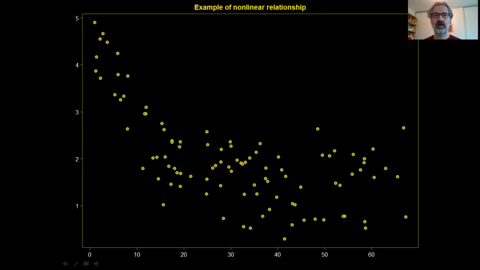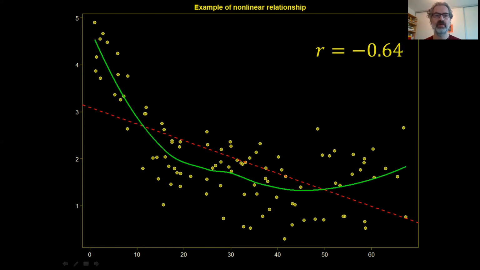So if we calculate R for this pair of variables, which is inappropriate, we would obtain a value of minus 0.64 because it's negative. But what this number is actually evaluating is the relationship along a straight line. This number indeed indicates the relationship along this line, but this is not a good approximation to the actual relationship between the two variables, which looks a bit more like that. So this is a case where we should not be using R.